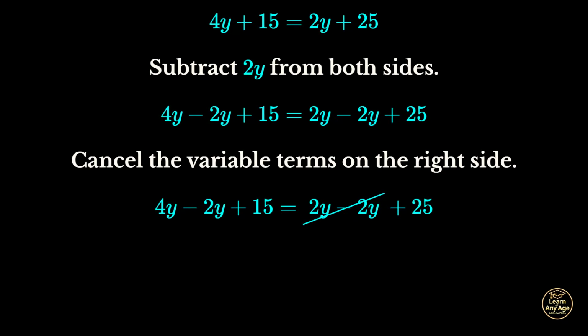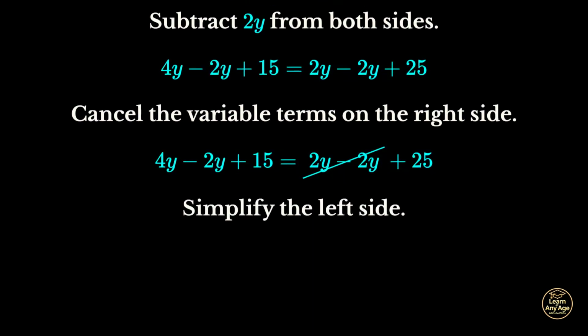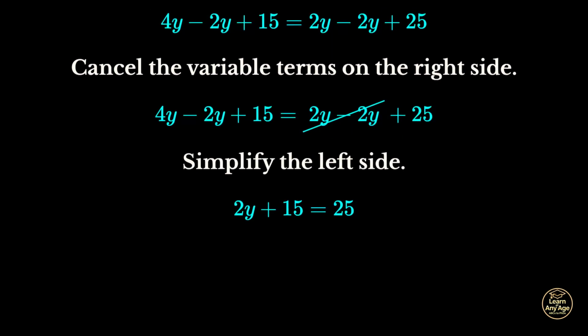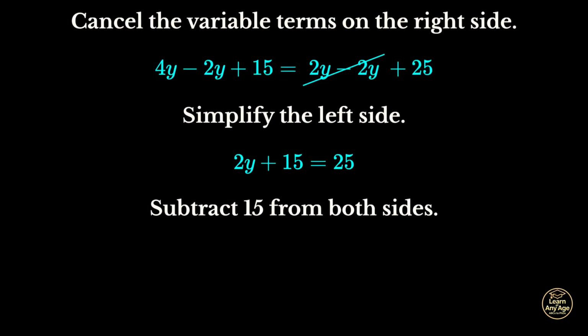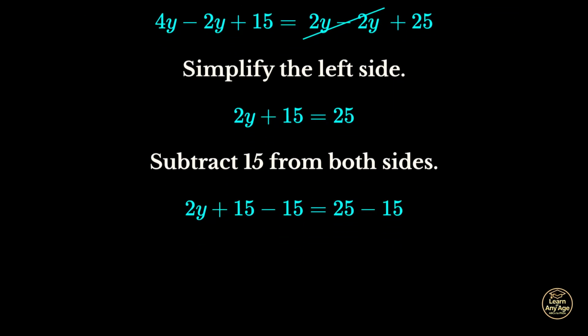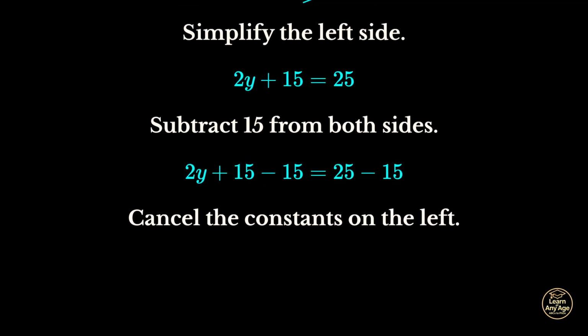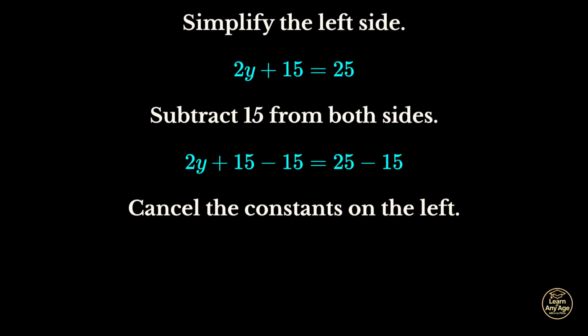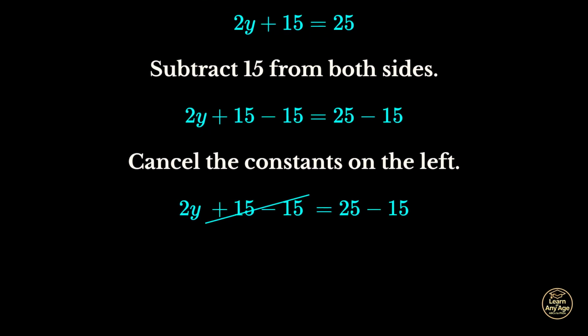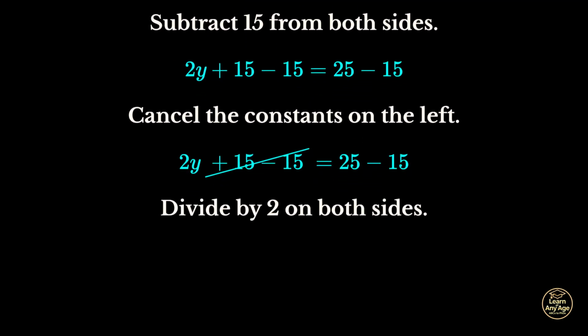Simplify the left side. 2y plus 15 equals 25. Subtract 15 from both sides. 2y plus 15 minus 15 equals 25 minus 15. Cancel the constants on the left.